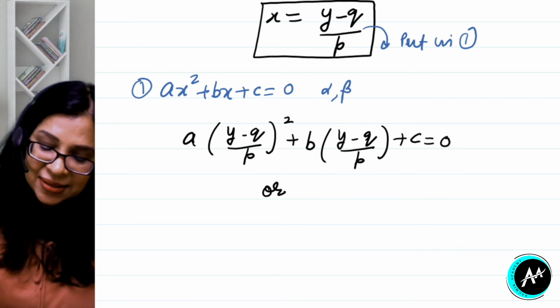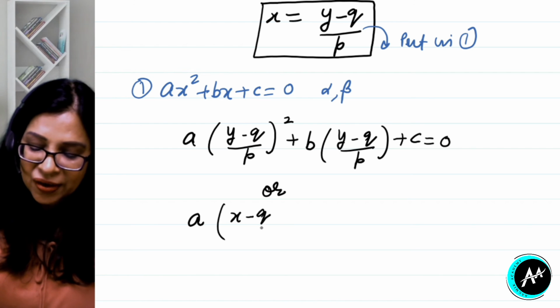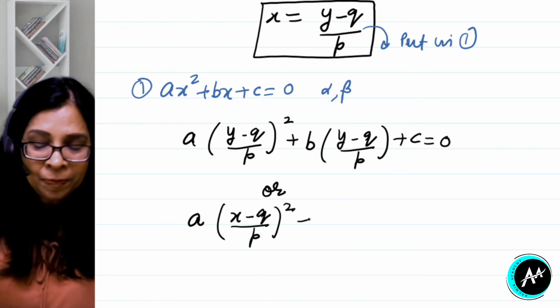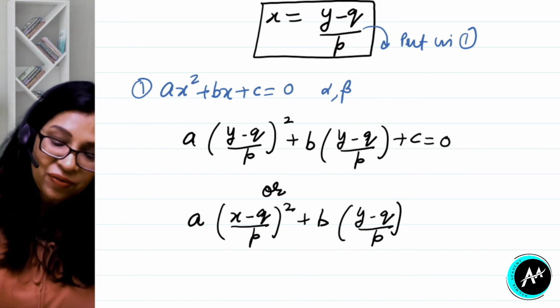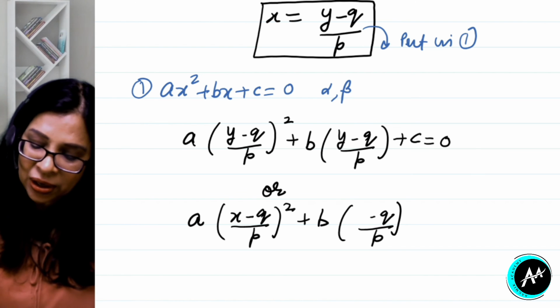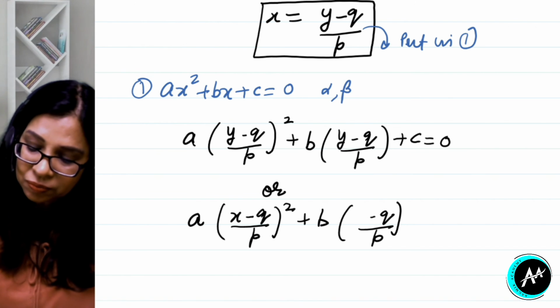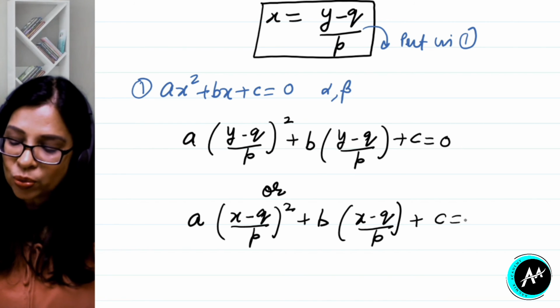So this equation can also be written as a into (x minus q upon p) whole square plus b into (y minus q upon p). Sorry, in place of y we have x now. So we are replacing this by x, okay. So I have x minus q upon p, and plus c equal to 0.